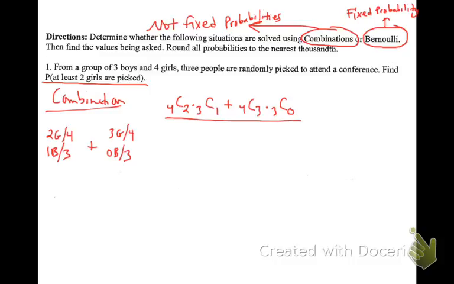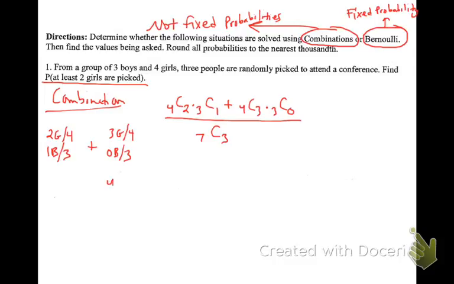And we're going to divide that by the total, which is 7 total people taken 3 at a time, 7c3. Remember, this 7 right here must be found by adding the first numbers of each term. This is one term right here. And then this 3 is always found by adding these 2 last numbers. If those don't match up, then you don't have the correct values in here. So double check that.